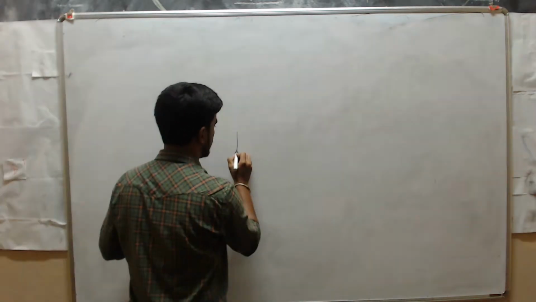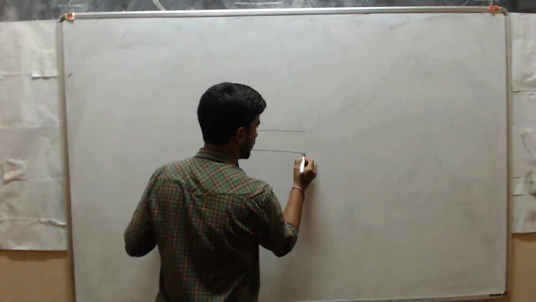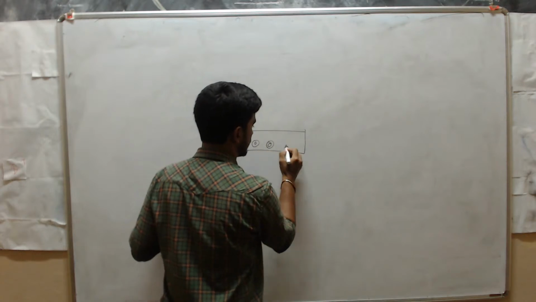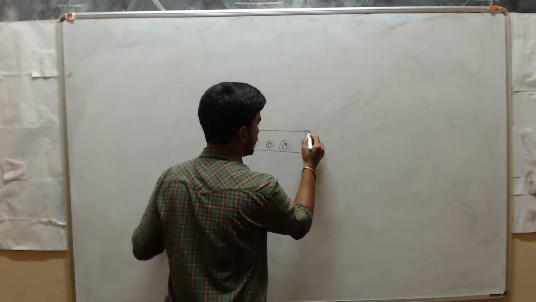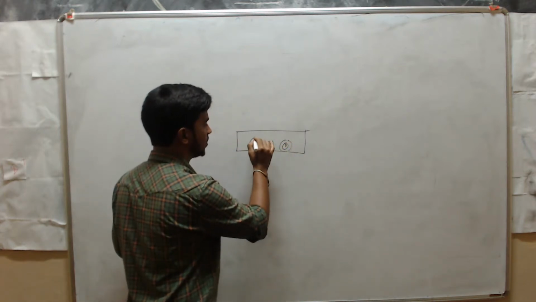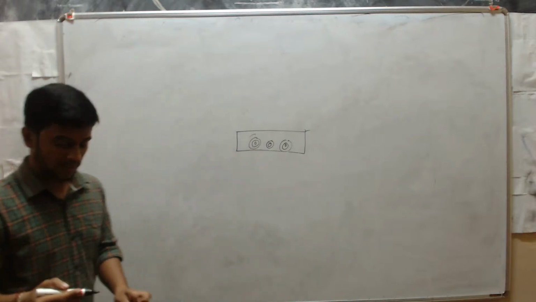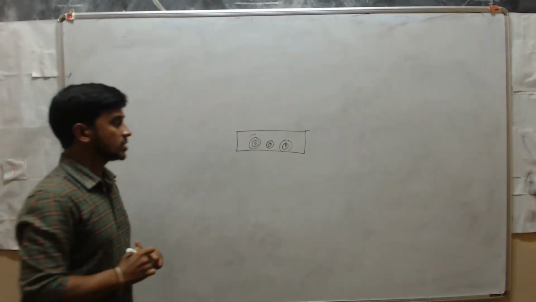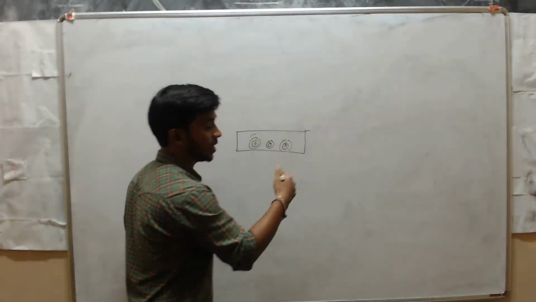See here. Consider one wire. Here particles, atoms, are arranged. See, when you heat the wire, what will happen? Before heating, all the electrons are simply revolving around the nucleus. When you heat the wire, they will vibrate or revolve at high speed.